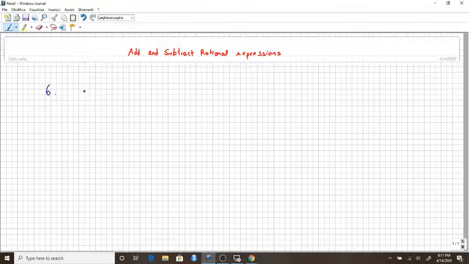We have 2 divided by 3x squared plus 12x, plus 8 divided by 2x. Okay, so 3x squared plus 12x, and then we have 2x.